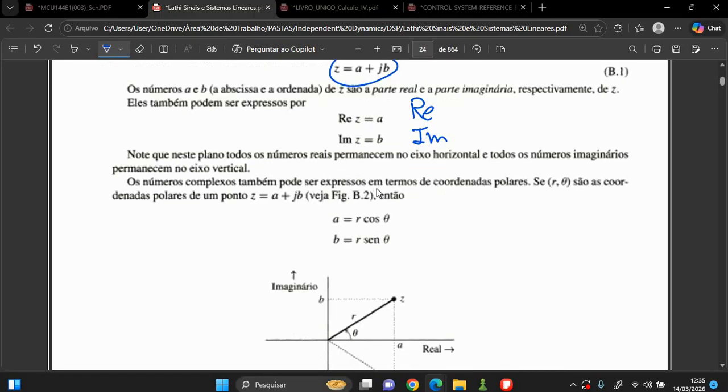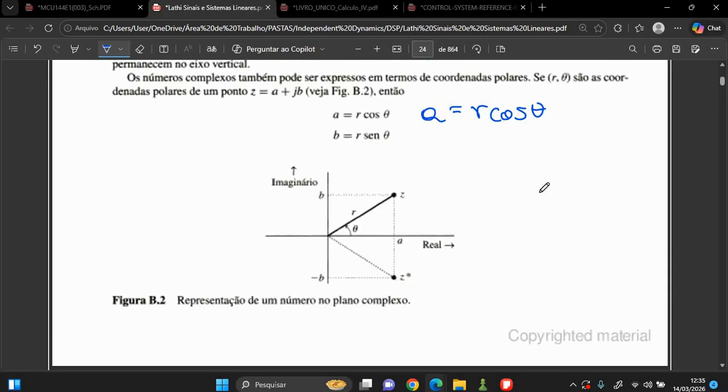But where does this come from? a equals r cosine theta, b equals r sine theta. We know that when we decompose on the axis, it is r times the cosine of this angle, because this is cosine and that is sine.